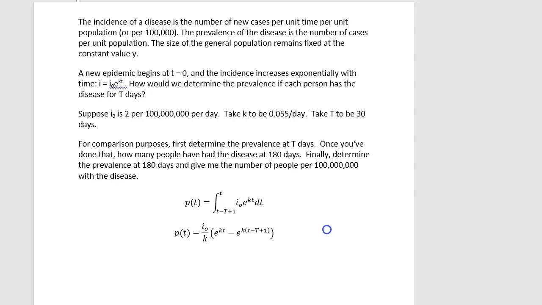That's our integral for the prevalence over a window that is 30 days long. Now, if you want to know how many people have had the disease at any one point, the sum total of people that had it, well, that's just this first term. P total all time is just I naught over k e to the kt.